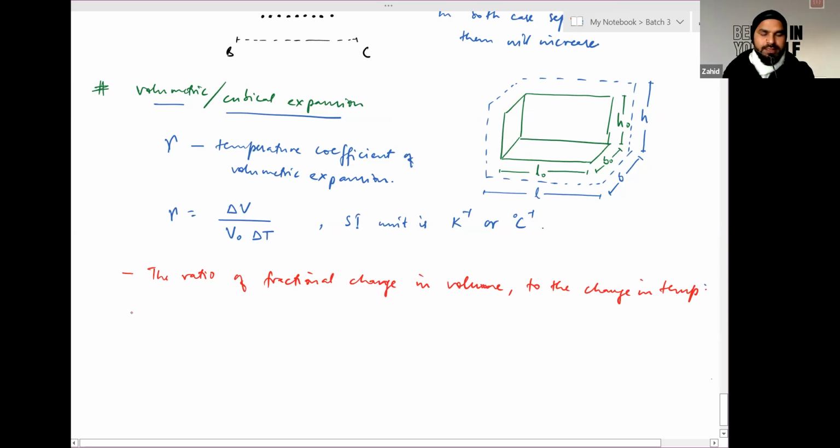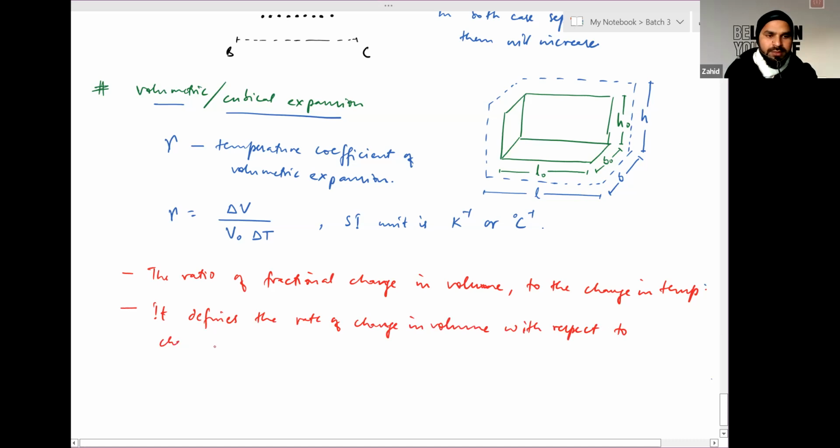Or simply, it defines the rate at which volume expands or contracts with change in temperature.